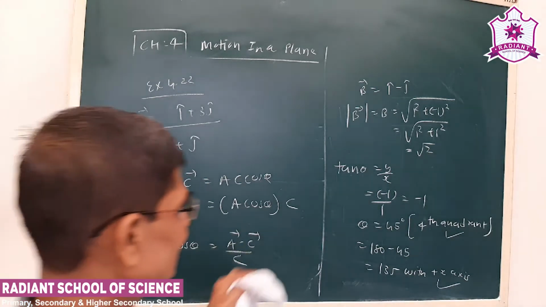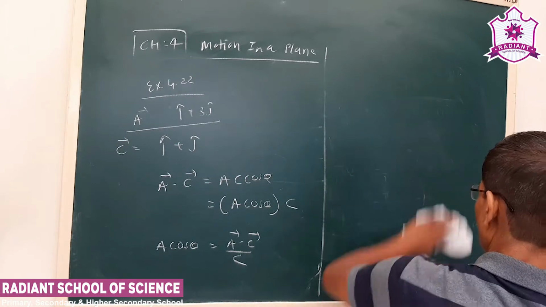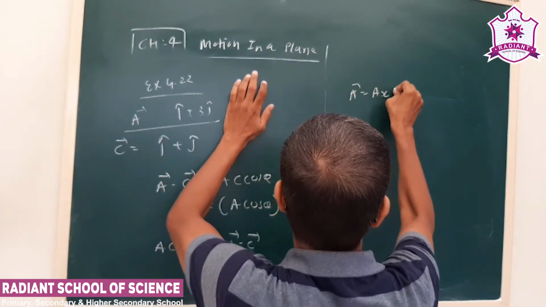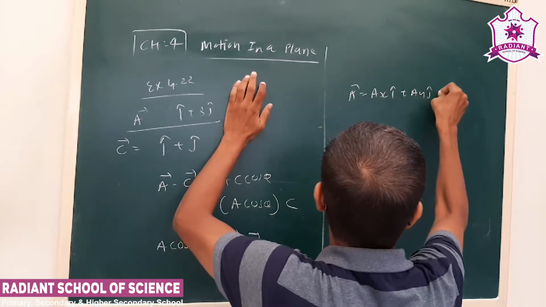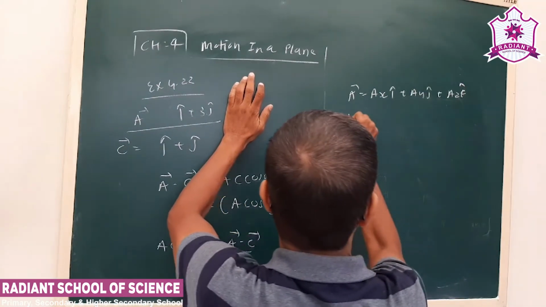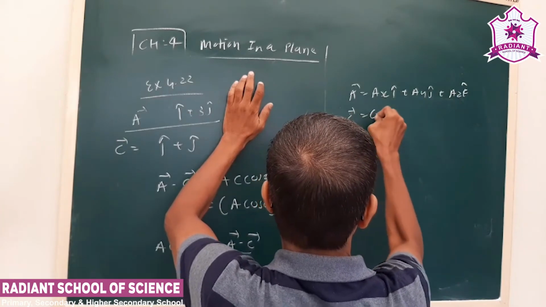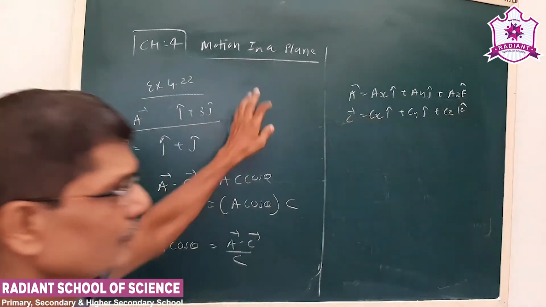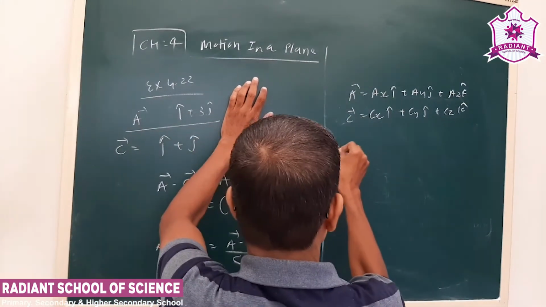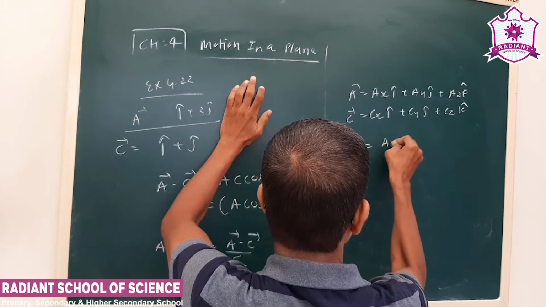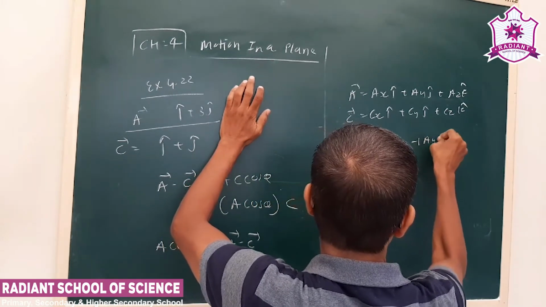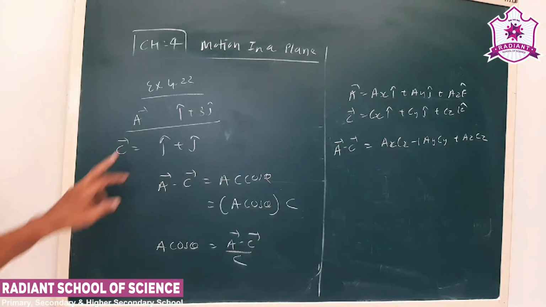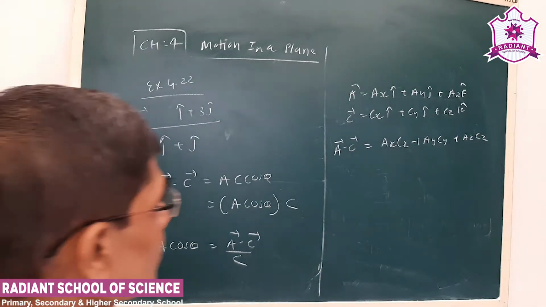Now recall the properties of the scalar product. A is AX i plus AY j. Let us say C is CX i plus CY j. Now A dot C will be AX CX plus AY CY. Right now it is in 2 dimensions, so we should not worry.